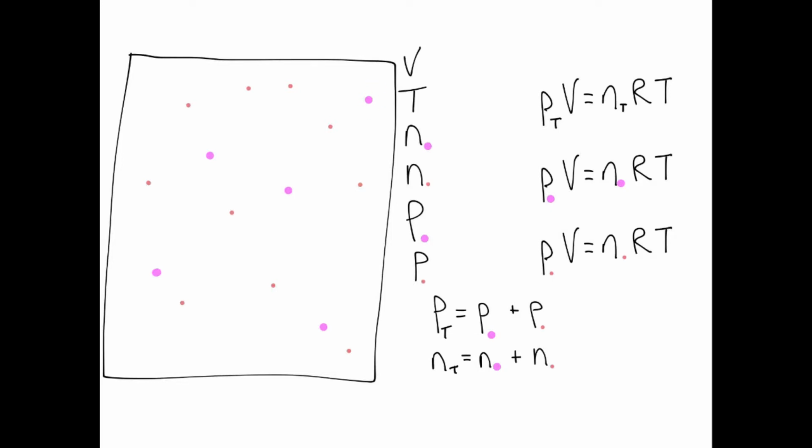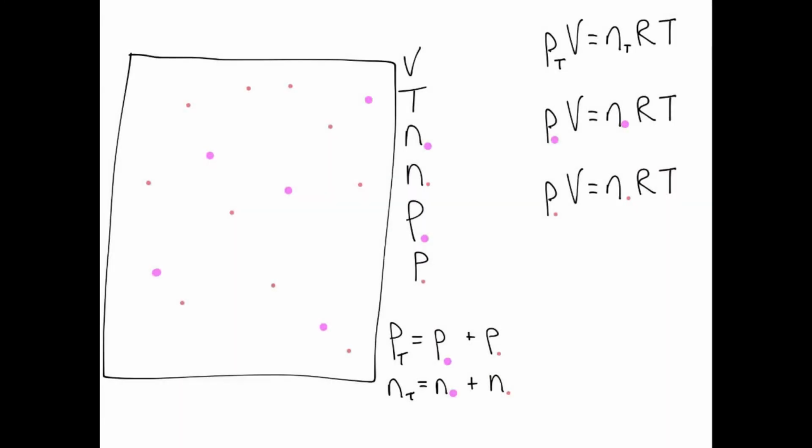I just have to know how many moles of them I have. And likewise, I can calculate the partial pressure of just the red particles, if I know how many moles of just those red particles there are. So this allows me to express the partial pressure of any component inside this mixture as just a fraction of the total, given the fraction of the total number of moles.